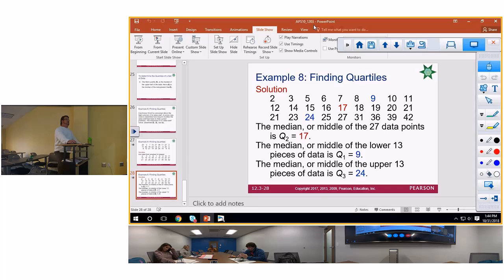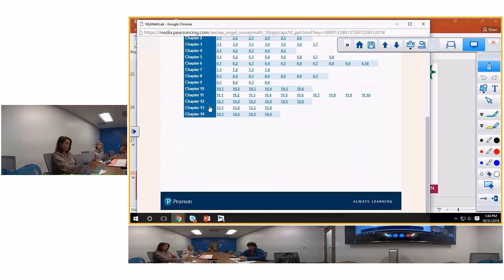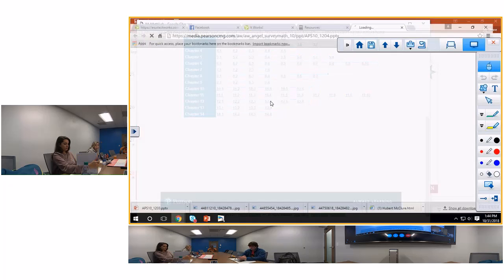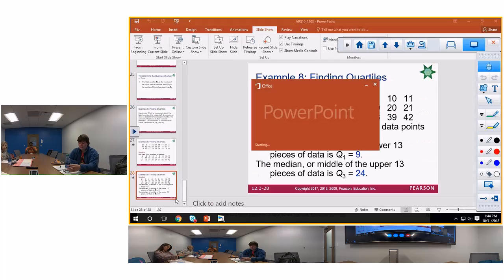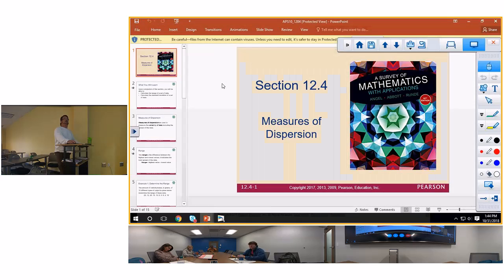12.3. We covered most of that the other day, so let's move over to 12.5 or 12.4. Y'all know we're going to finish early. Y'all know that, don't you? Yep. Okay. Just didn't know if y'all put 2 and 2 together yet.